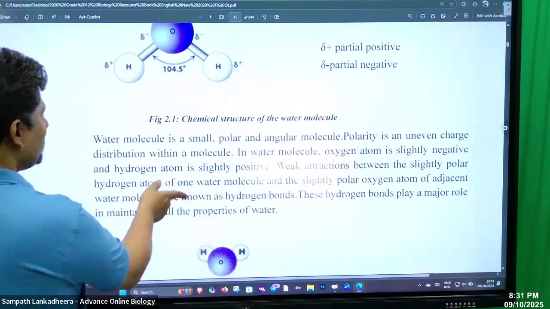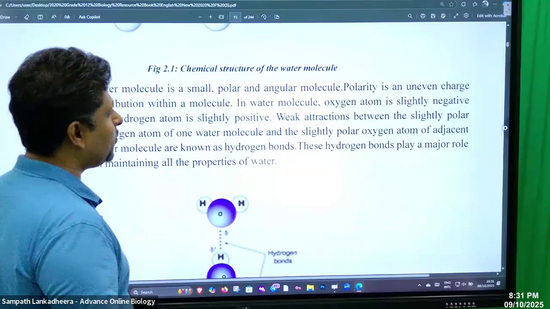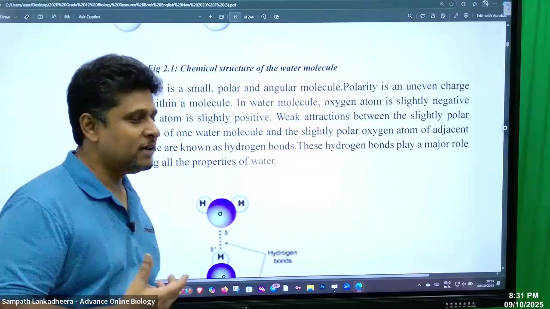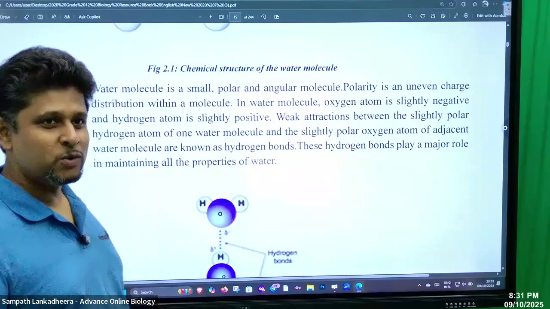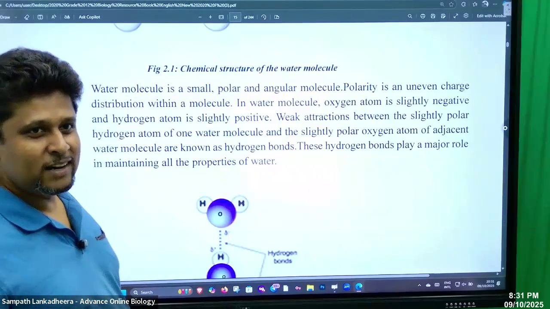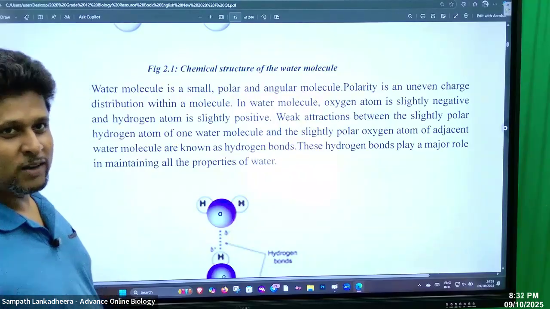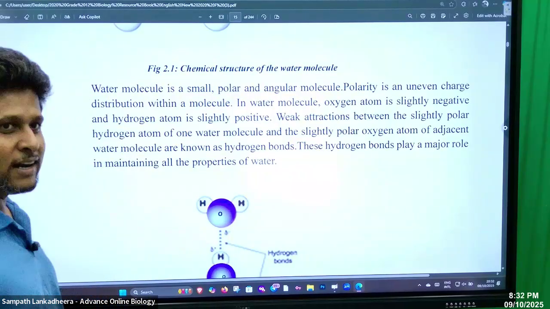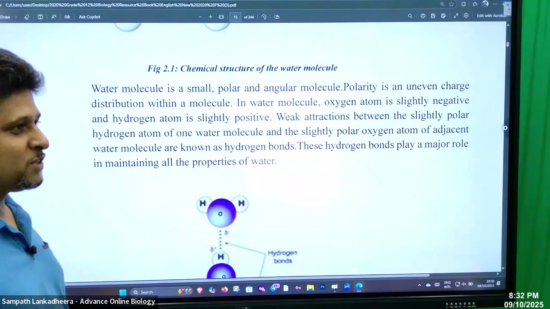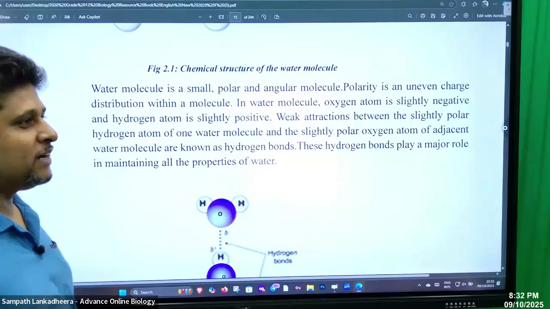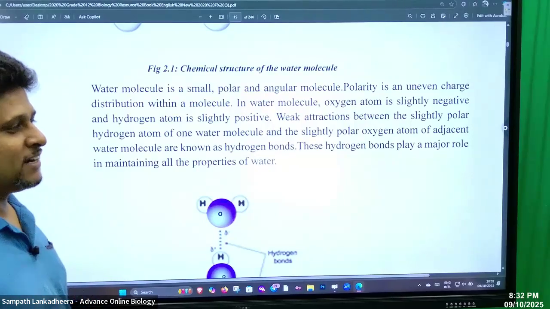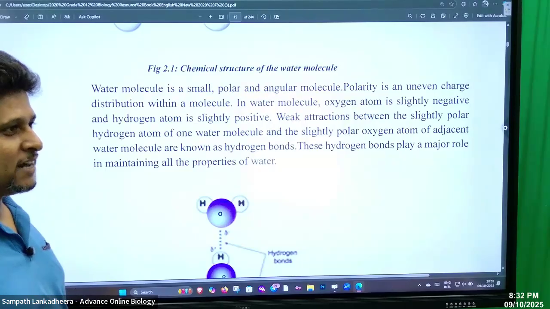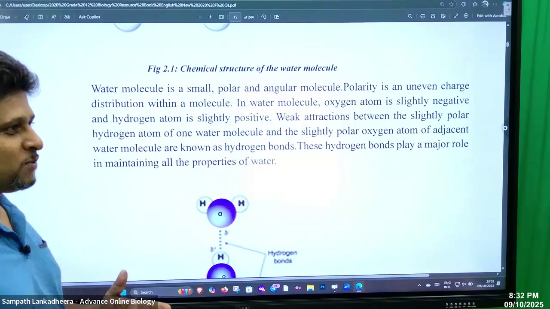Look at this. Water molecule is a small polar angular molecule. Polar is uneven charge distribution within a molecule. In water molecules, the oxygen atom is slightly negative and the hydrogen atom is slightly positive. Weak attractions between slightly polar hydrogen atoms of one water molecule and slightly polar oxygen atoms of an adjacent water molecule are known as hydrogen bonds.